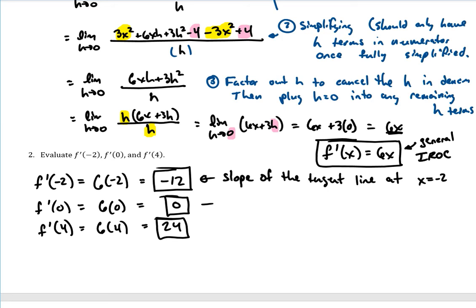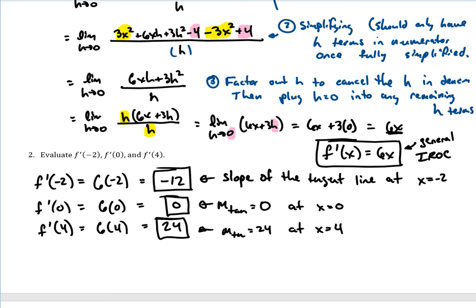Let's abbreviate slope of the tangent line as m with a little tan underneath. So this is m tan equals 0 at x equals 0. This is m tan equals 24 at x equals 4.